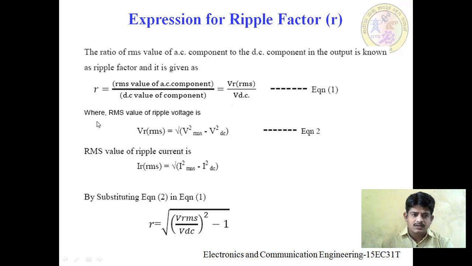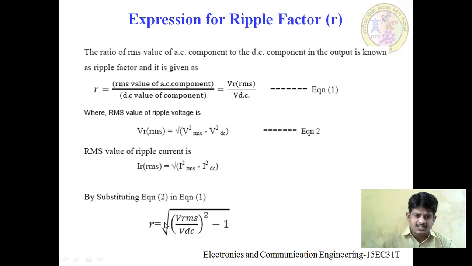Then the RMS equation can be written as V_r(RMS) = square root of (V²_RMS minus V²_DC). Similarly, the RMS value of the ripple current, I_r(RMS): RMS means root mean square, r means ripple. The RMS value of the ripple current is given as square root of (I²_RMS minus I²_DC). So we need to remember these two equations. Now if we substitute these values, V_r(RMS) is the square root of (V²_RMS minus V²_DC).